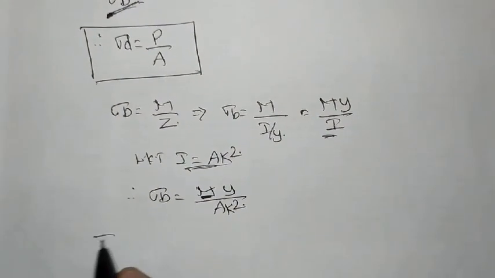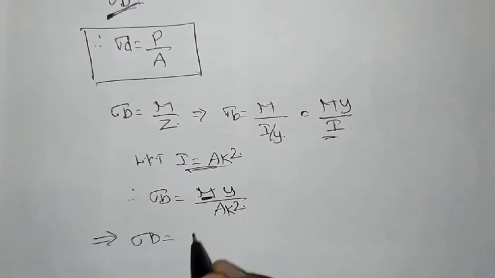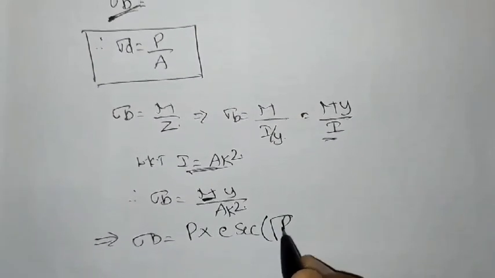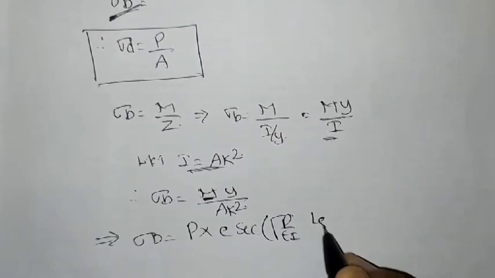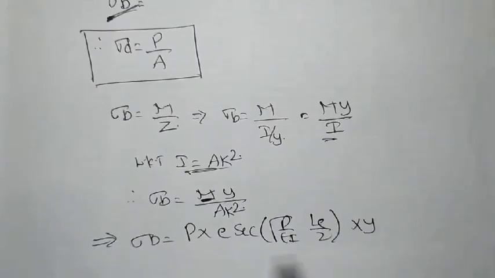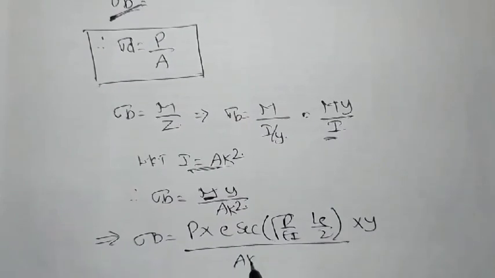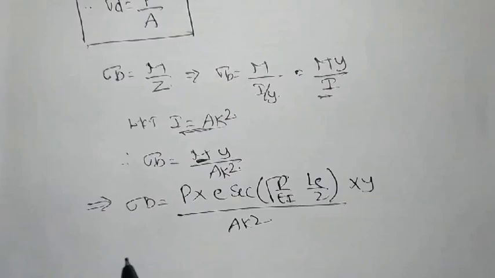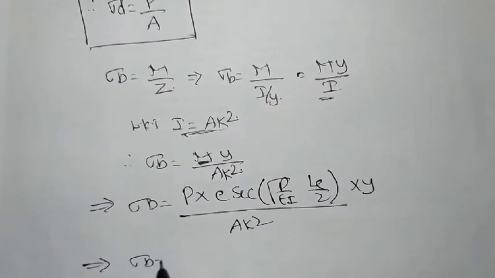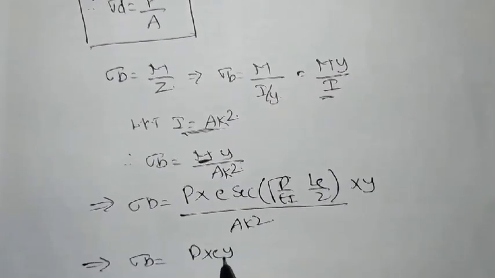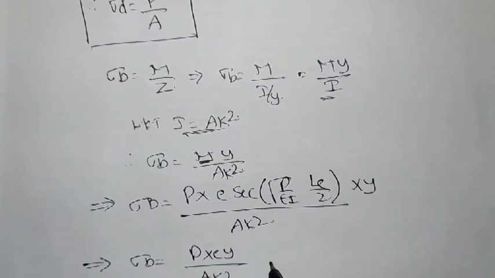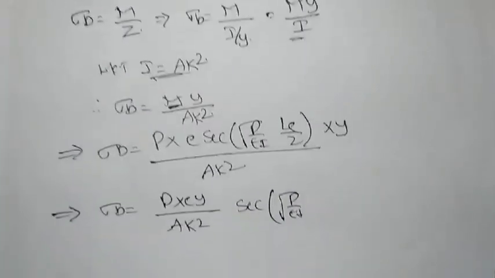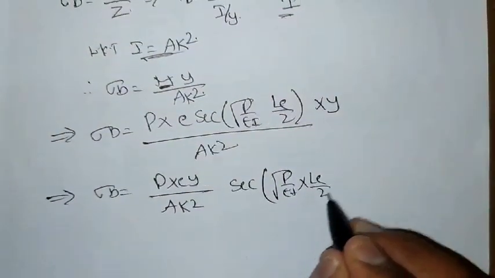Therefore, sigma b is equal to P into e into secant of root of P by EI into L a by 2, into y, divided by A k square. Next, this equation can be written as sigma b is equal to P e y by A k square into secant of root of P by EI into L a by 2.